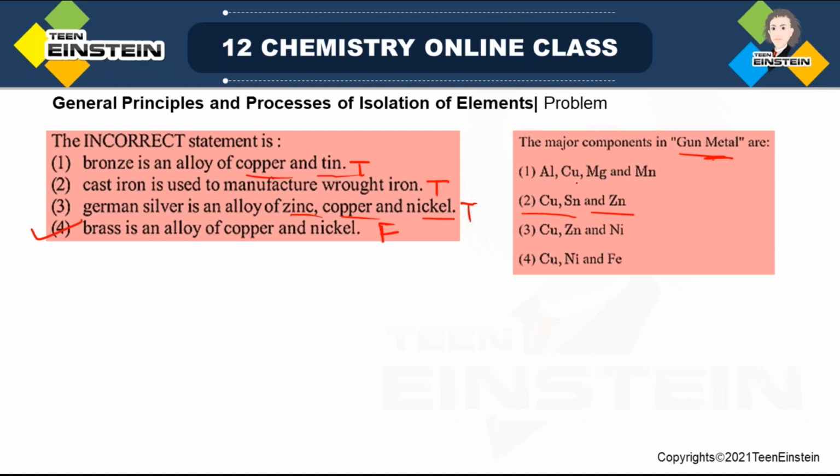In the first one we have only copper, Zn is also not there. Then copper, zinc, nickel, these two are fine, but nickel is not present. And here copper, nickel and iron are not present, only copper is present. So this is the correct option, that is option 2. So these are completely memory based questions. There is nothing to discuss much.